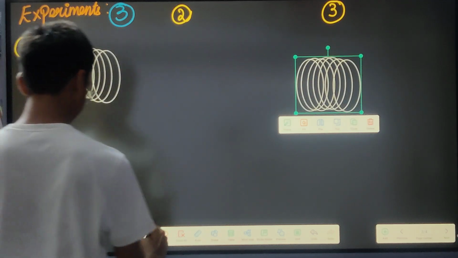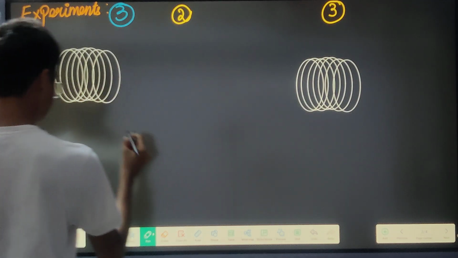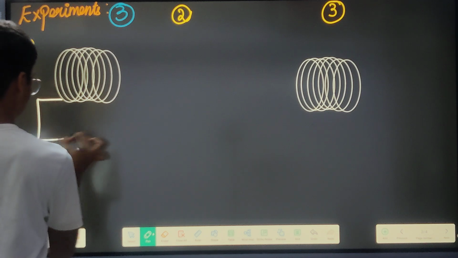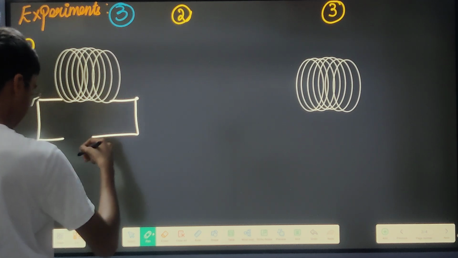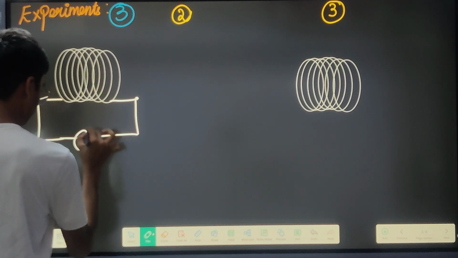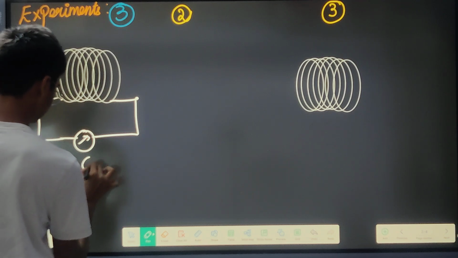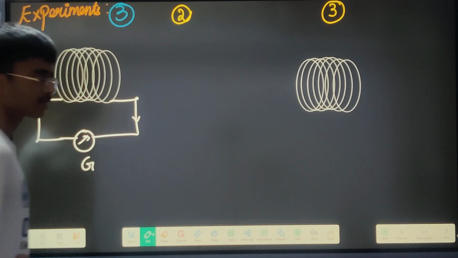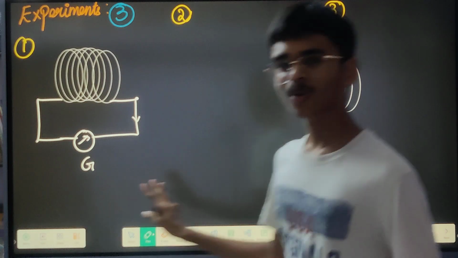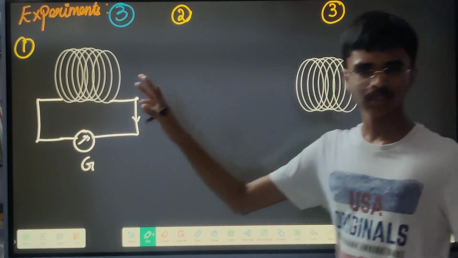Okay, so this is the coil. Here I have a galvanometer, and then current is flowing like this, and there is deflection in the galvanometer. We all know that I is directly proportional to theta in the galvanometer.